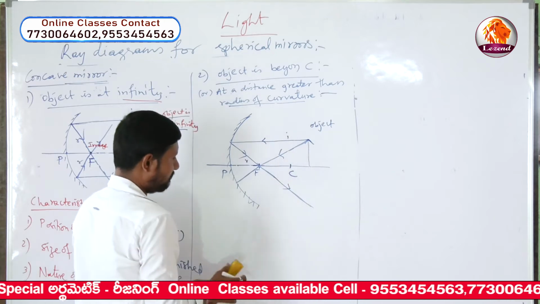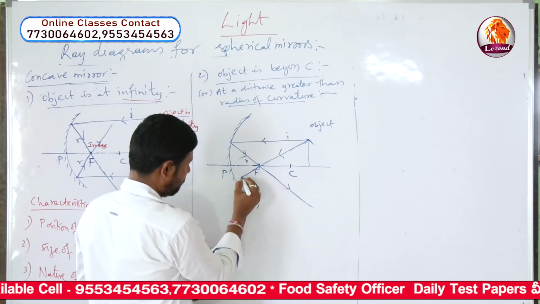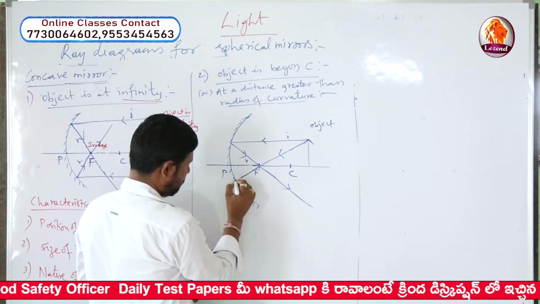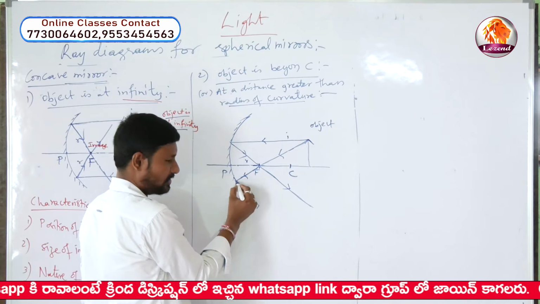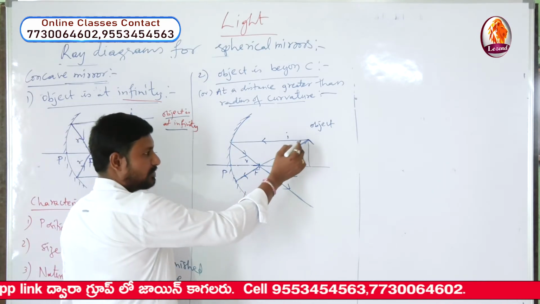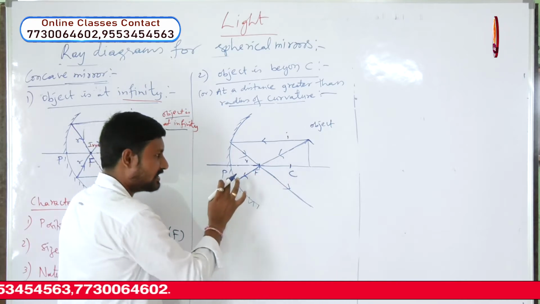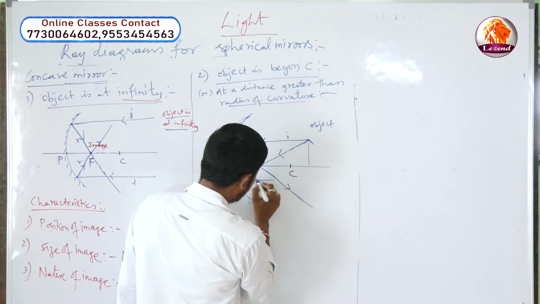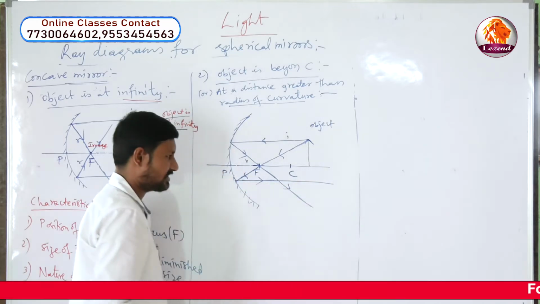A light ray coming from the object, incident at a particular point on the mirror. What is the second rule I told you? Any light ray coming from the object that passes through its focus, after reflection travels parallel to the principal axis. This is the reflected ray.